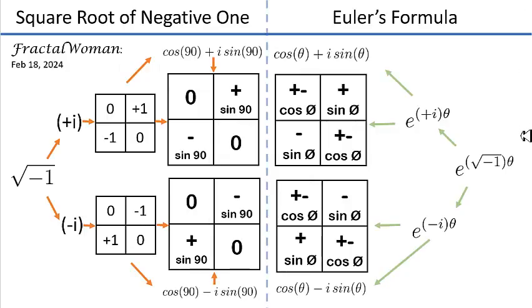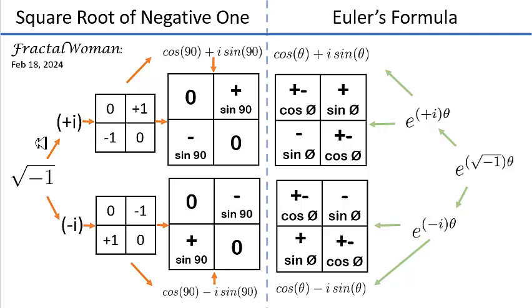So here is the map that I showed you a while ago in my community section. On the left half it shows the square root of -1, and on the right half it shows Euler's formula. Here we have the square root of -1 is equal to i and -i, and i and -i under the hood are equal to these two 2 by 2 matrices.